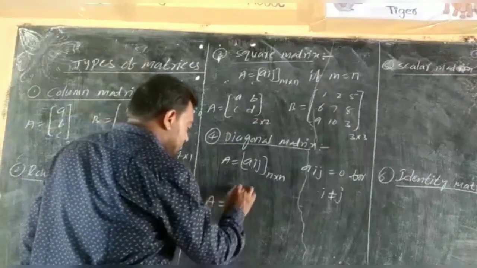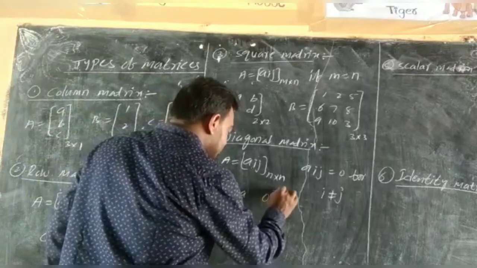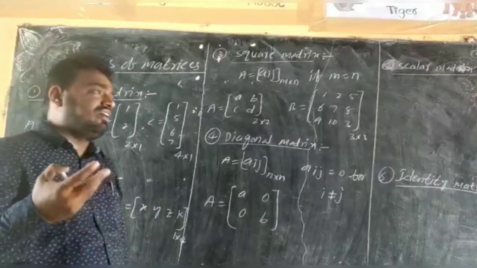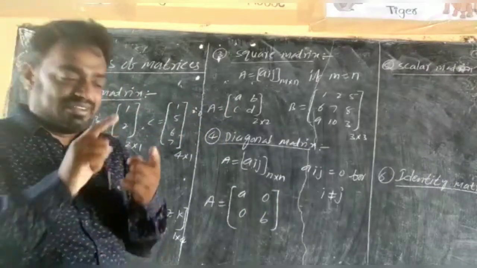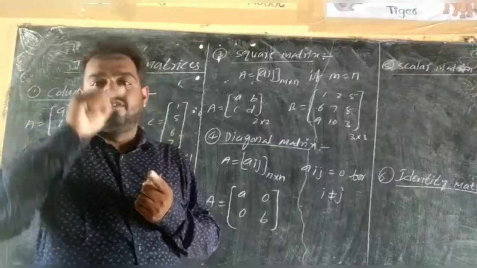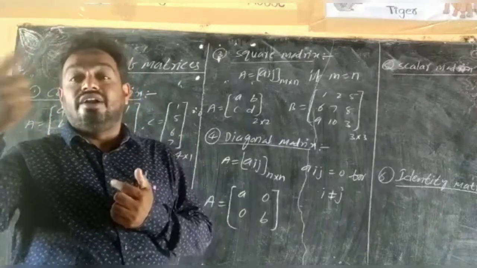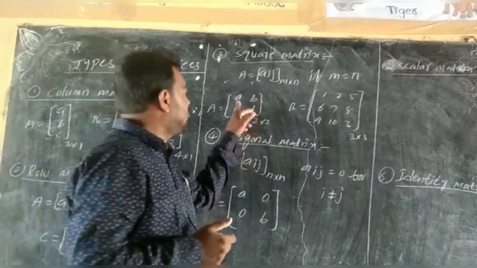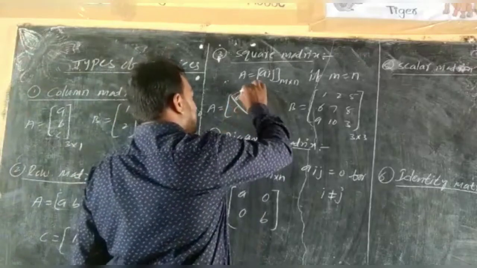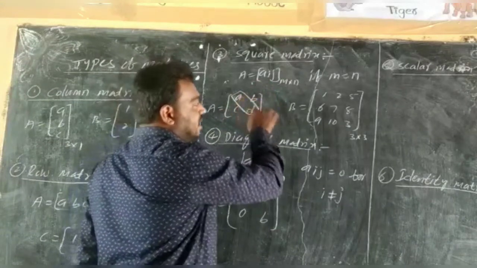See one example: (a, 0; 0, b). So how are we defining diagonal or non-diagonal elements? The 1 1 position, first row first column, second row second column, third row third column, fourth row fourth column: these elements are called diagonal elements.